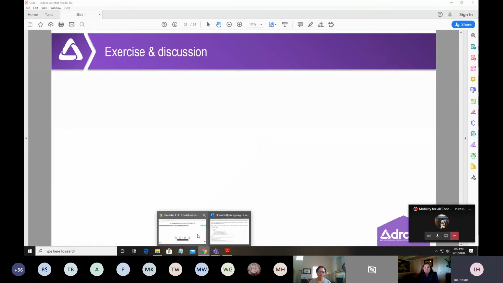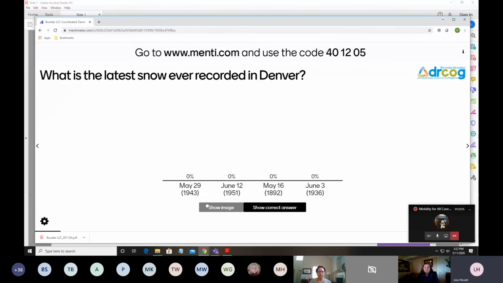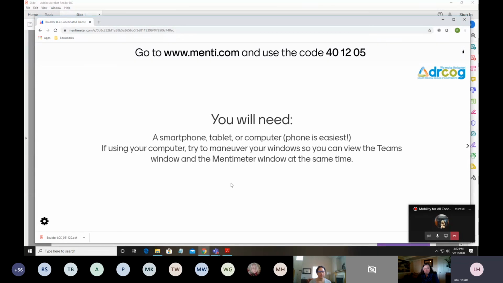So with that, we can give you a break from all the slides and jump into the activity. Can you see this other screen now? Yes, we can see it. Okay, so go to www.menti.com. You can do that on your phone or open another window on your computer.